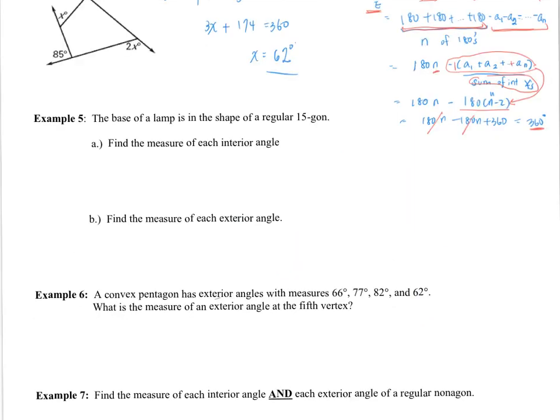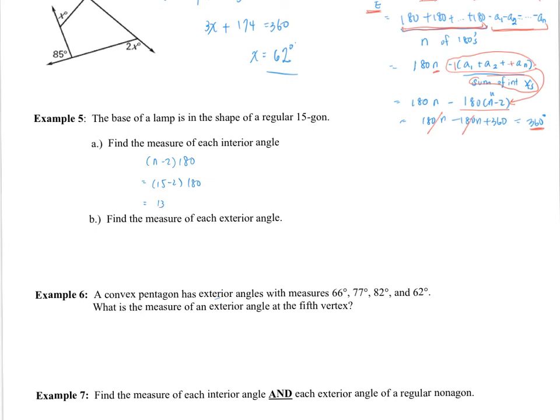Example 5. The base of a lamp is in the shape of a regular 15-gon. Part A, find the measure of each interior angle. Now, before we find the measure of each interior angle, you need to first find the sum of the measures of all the interior angles using the formula from 8.1. So n minus 2 times 180. So we have 15 minus 2.